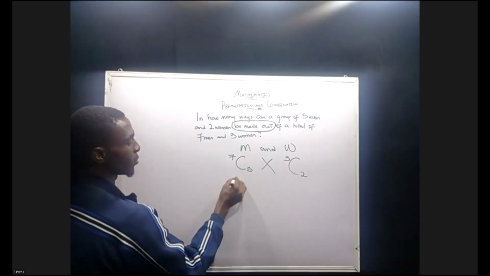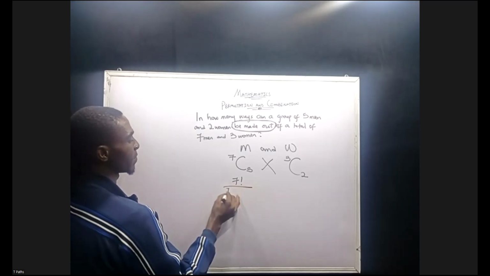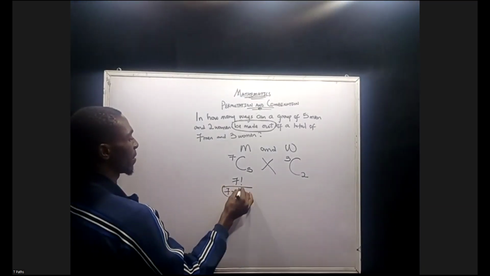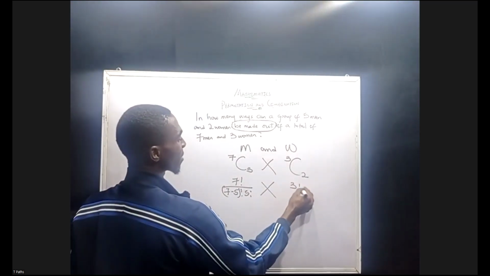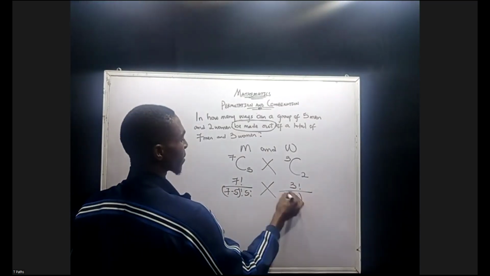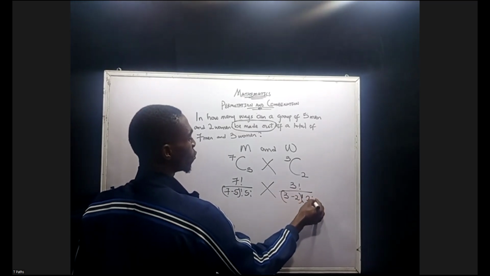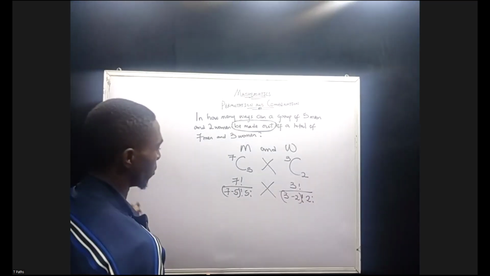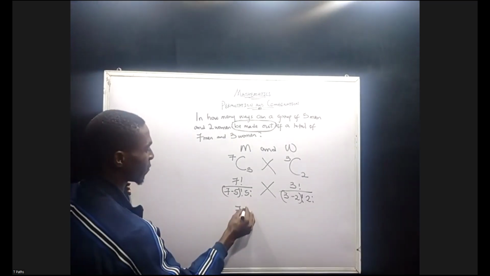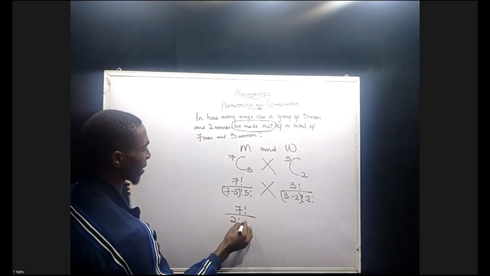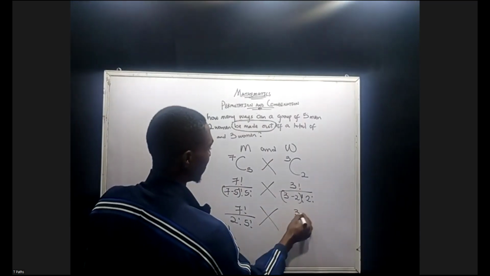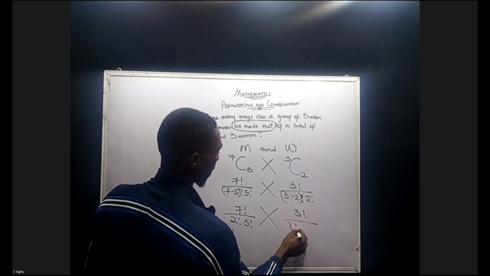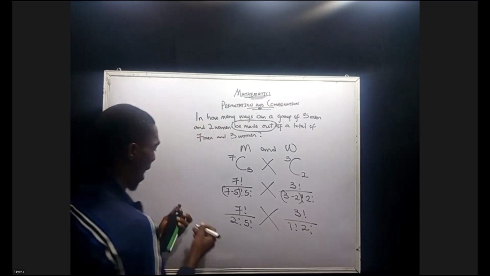So here comes the solution. 7 factorial over 7 minus 5 factorial, then 5 factorial, and 3 factorial over 3 minus 2 factorial, then 2 factorial. So here comes 7 factorial over 2 factorial, 5 factorial, and 3 factorial over 1 factorial, 2 factorial.